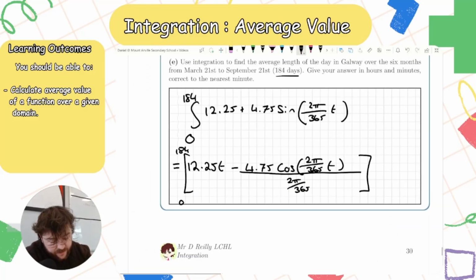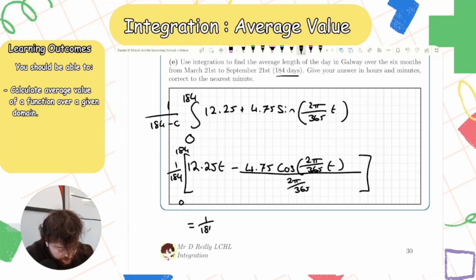But I also have to find the average value, so that's just 1 over 184 minus 0. So I have to multiply all this then by 1 over 184.